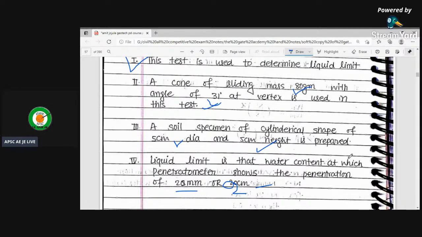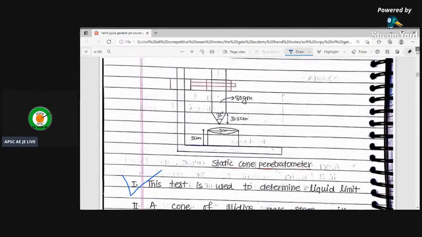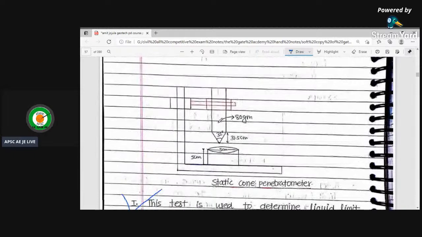So suppose this is a sample. Suppose আমি এটা sample ললো ইয়াতে 5 centimeter 5 centimeter আৰু ওপৰৰ পৰা 80 গ্ৰাম cone এটাৰ যোগেদি at an angle of 31 degree আমি penetrate কৰিলো. Suppose আমি 20 mm penetration কৰিব পাৰিলো inside the cylindrical sample.